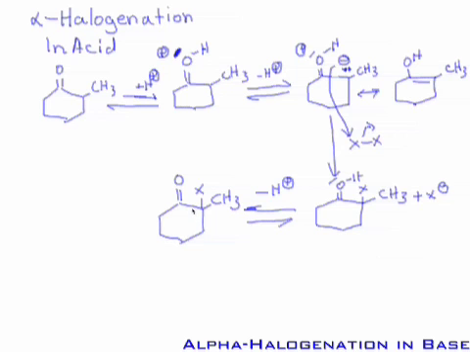If we tried the same reaction in base, the reaction proceeds somewhat differently. Alpha-halogenation in base requires enolate formation and involves deprotonation of the alpha carbon by hydroxide.